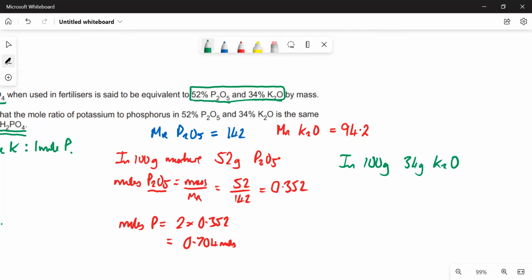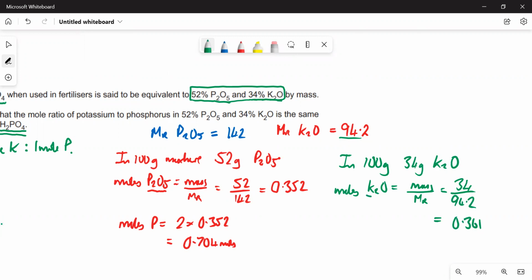So the moles of K2O is going to be mass over MR. So that's 34 over the MR of that, which we said is 94.2, which is equal to 0.361. So we've got that moles of potassium oxide.